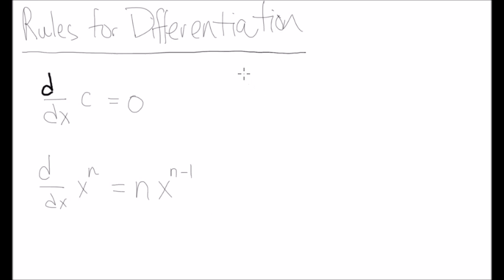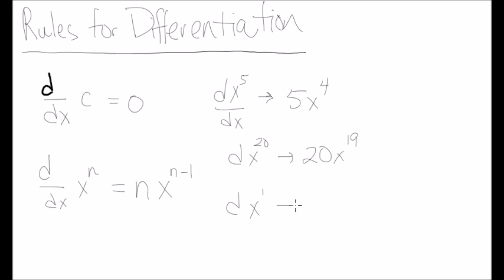So just to give you a few examples, if you have x to the 5th, its derivative d/dx is 5x to the 4th. If you have x to the 20th, its derivative becomes 20x to the 19th. If you have x to the 1st, its derivative becomes 1 times x to the 0, which is just 1.